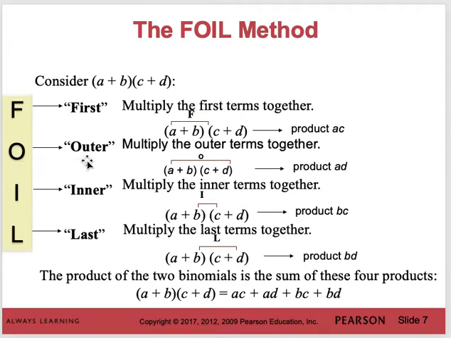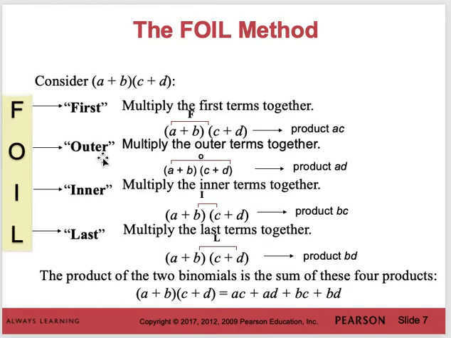O in FOIL stands for outside or outer. Multiply the outer terms. So that would be the one furthest on the left times the one furthest on the right. In this case, it's a times d. I stands for inner. So the two terms that are closest together on the inside of our parentheses that are touching would be b times c.